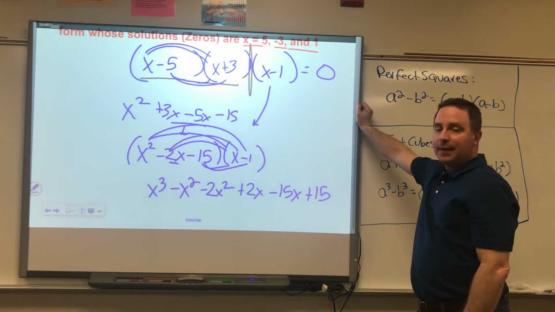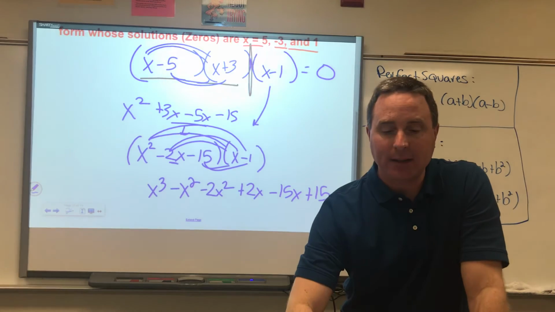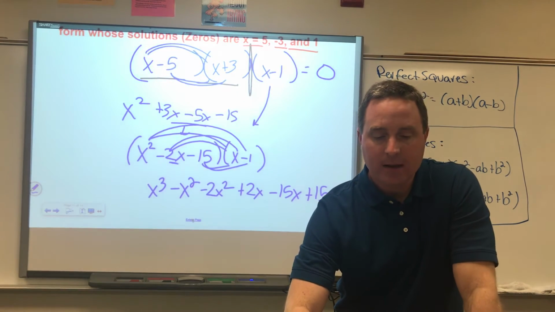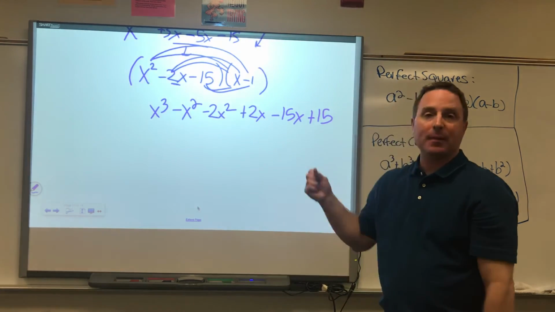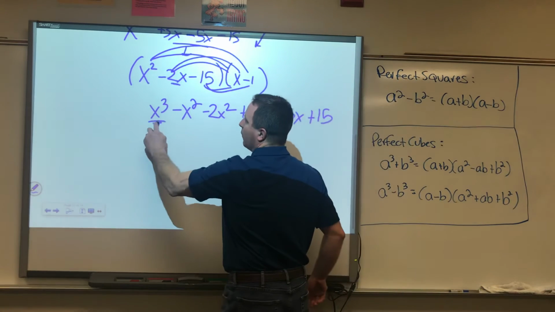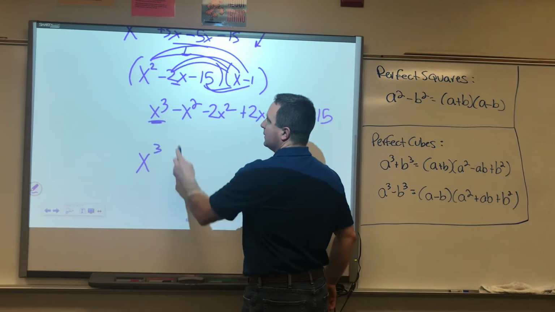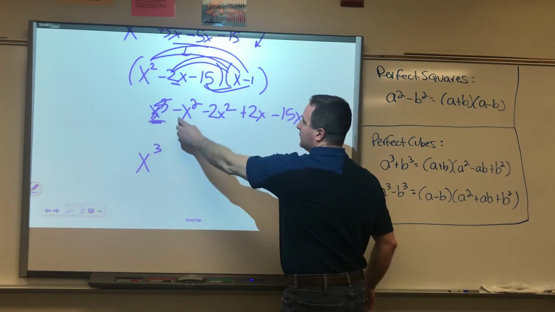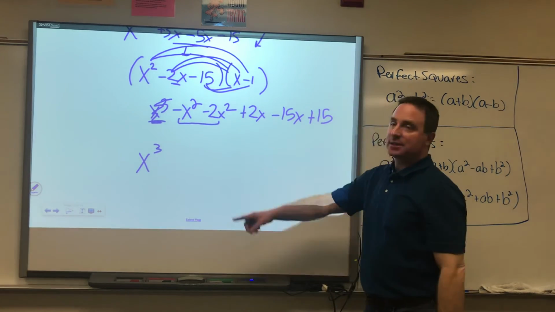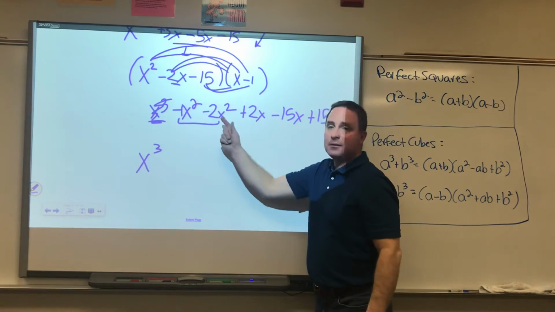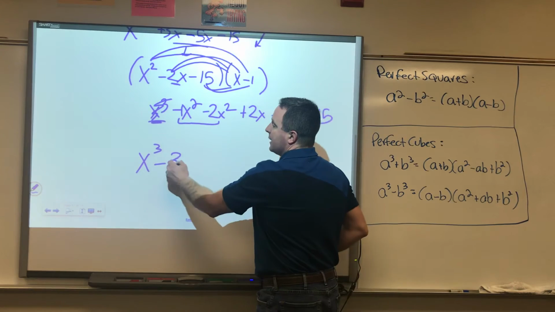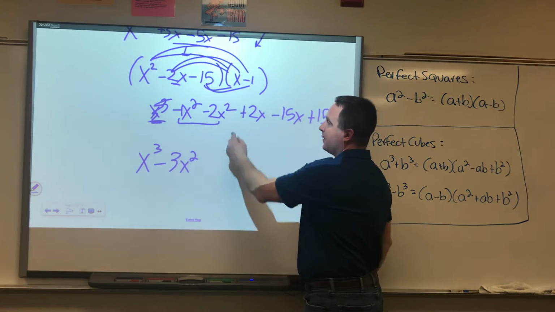And then last but not least, I just have to combine my like terms. I said standard form, so we want the biggest power to come first. Well, there is only one x cubed. That's the biggest one, so that one's done. I see a couple x squareds. Negative 1 minus 2 is negative 3x squared. They're done.